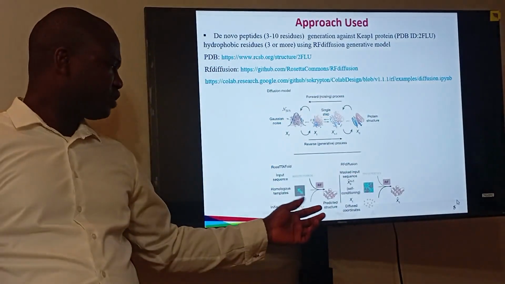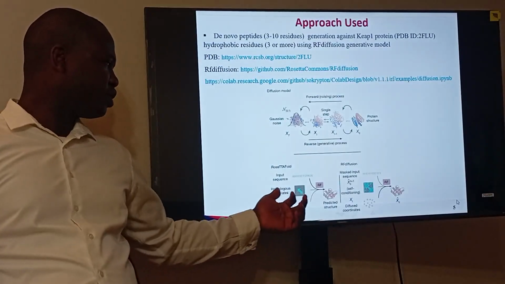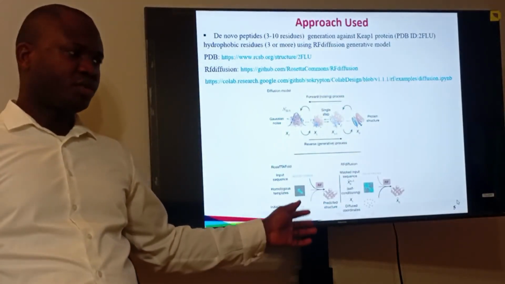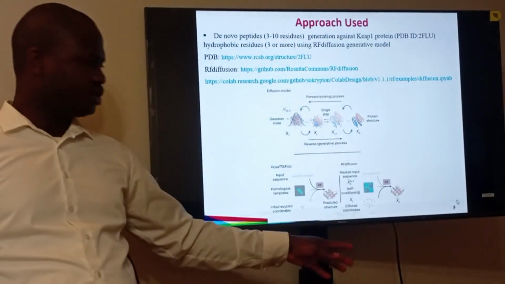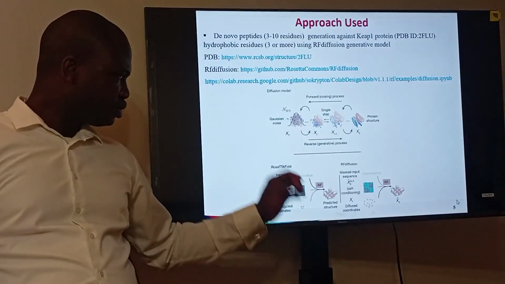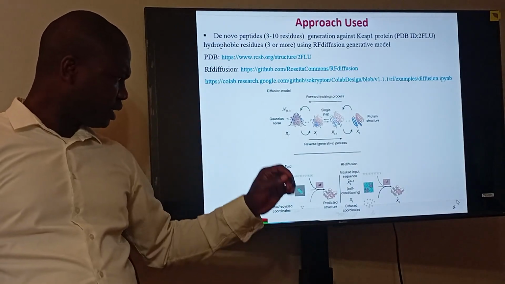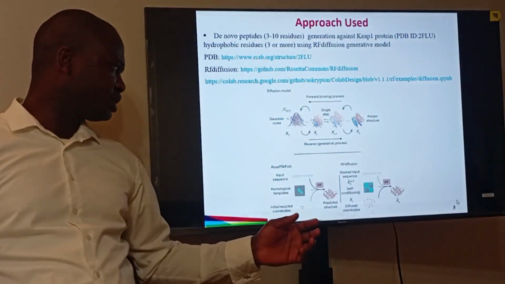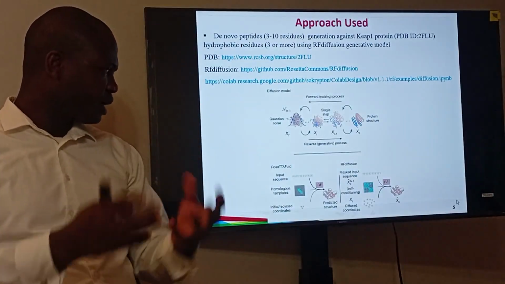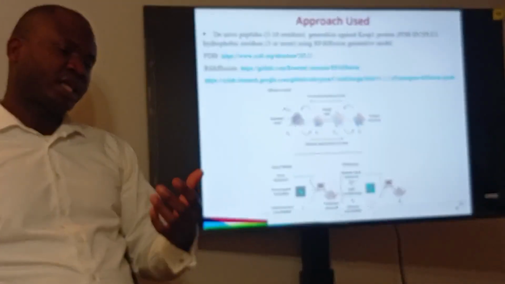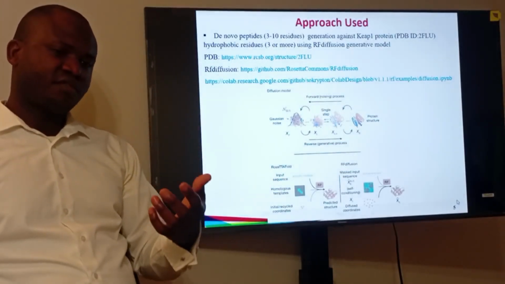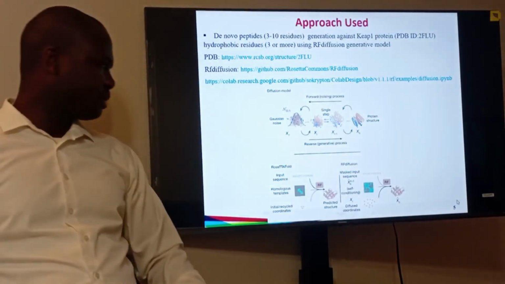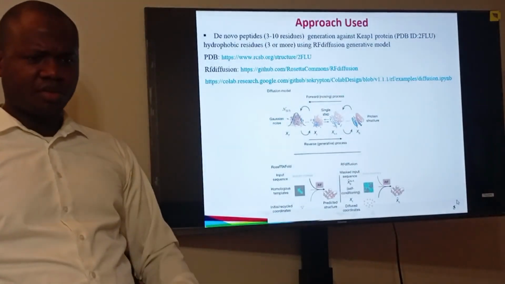So RF diffusion doesn't need homologous templates, that is, there is no need of homology modeling in RF diffusion. It basically uses a kind of diffusion of the coordinates. That is, you rearrange and permute the coordinates based on the given pocket, and sometimes you need to specify the actual residues that are very important in that particular pocket.